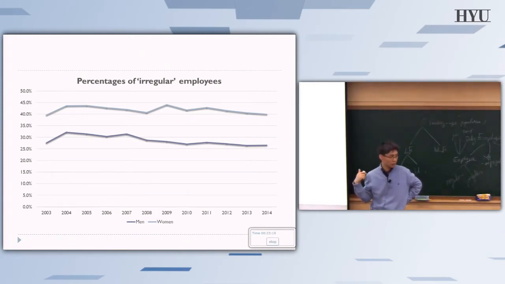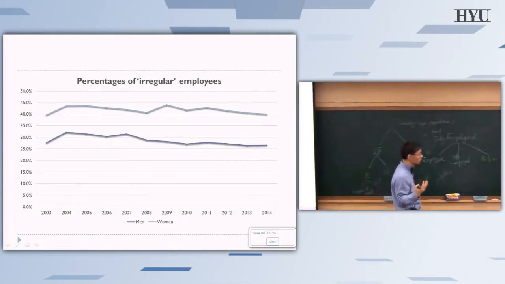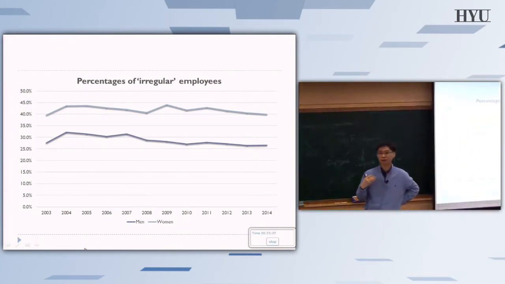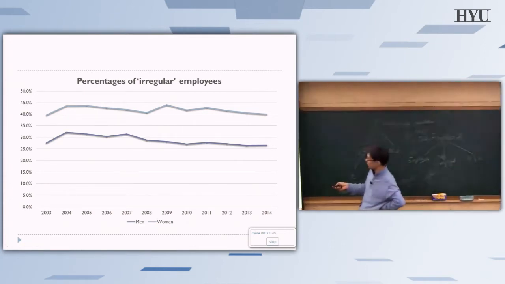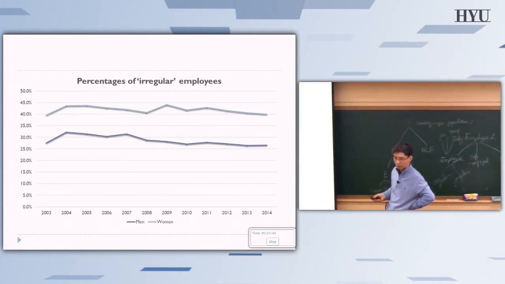But these are only in March and August. It's mainly because it takes much more time to collect information about these regular or irregular employees. There is a lot more information to collect. So it's more costly, in the sense that people don't like to answer longer questionnaires. So we do it only twice a year. So this one shows the statistics from the August survey.